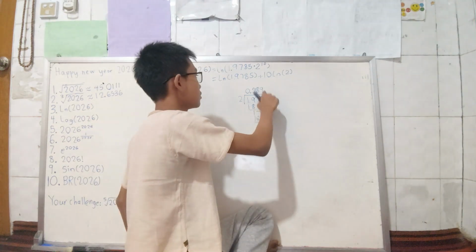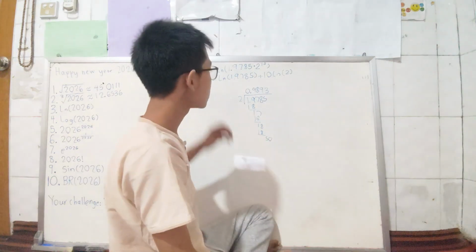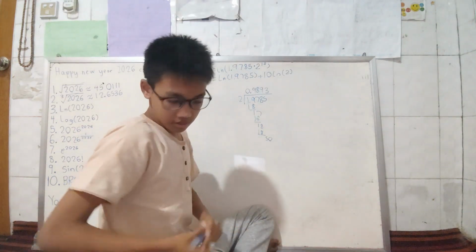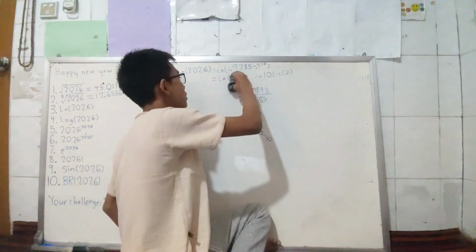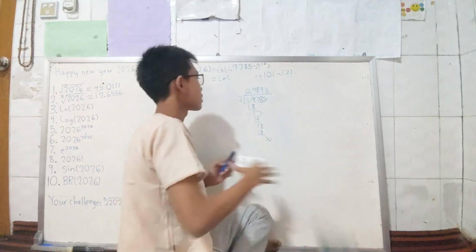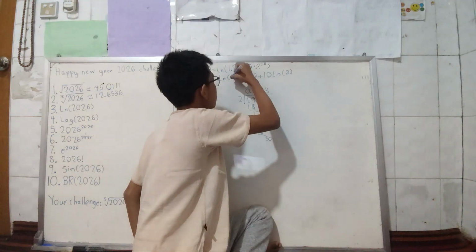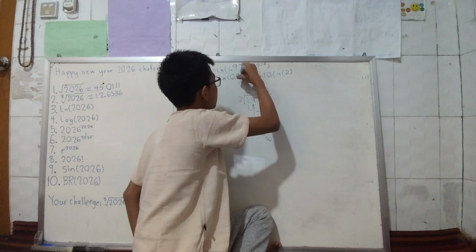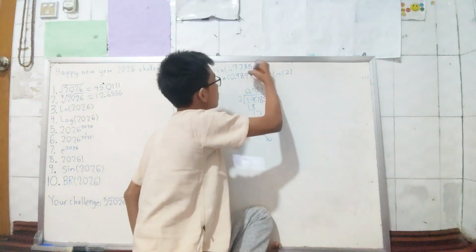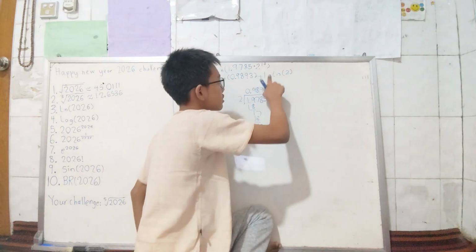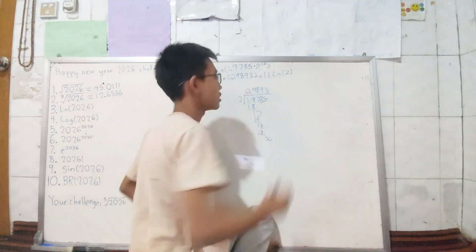So this will be our approximation. So this is going to be the natural log of 0.9893 plus, not 10 anymore, that's going to be 11.